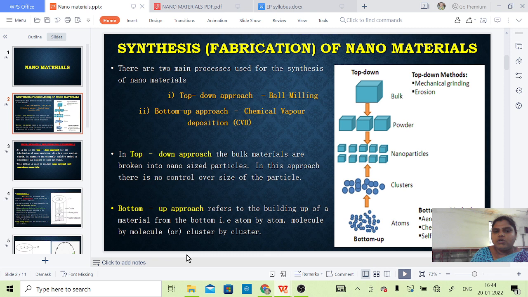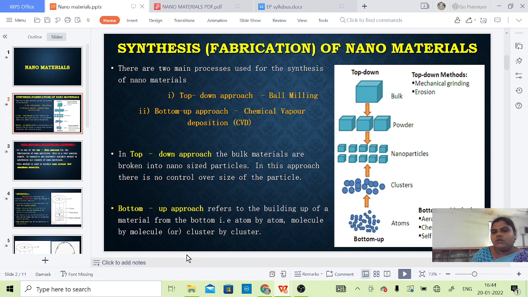Okay, in the top-down approach, the bulk materials are broken into nano-sized particles. In this approach, there is no control over the size of the particle. The bottom-up approach refers to the building up of a material from the bottom, that is atom by atom, molecule by molecule or cluster by cluster. Top-down is bulk to powder, powder to nano.